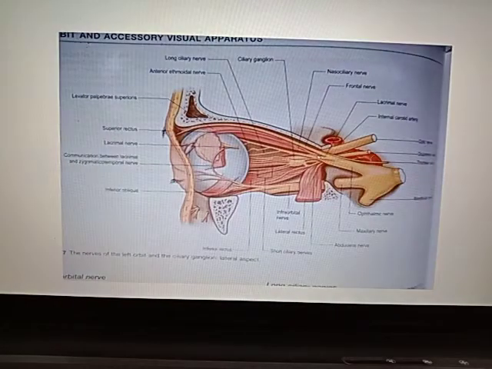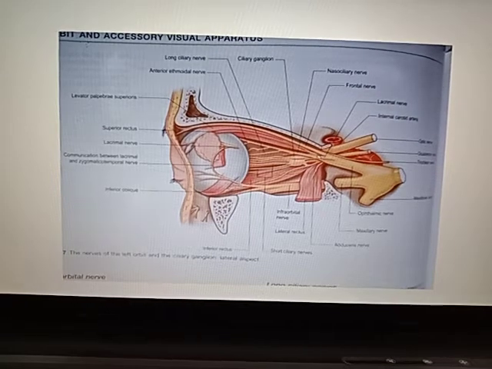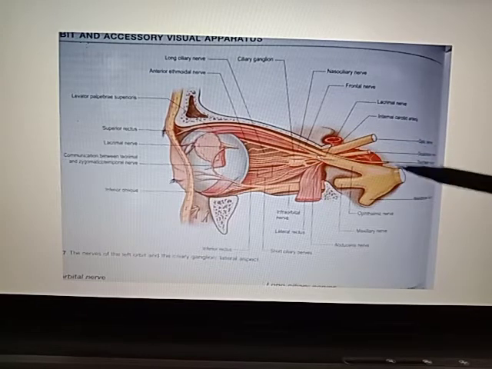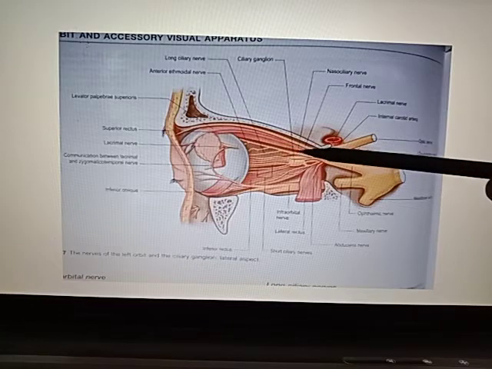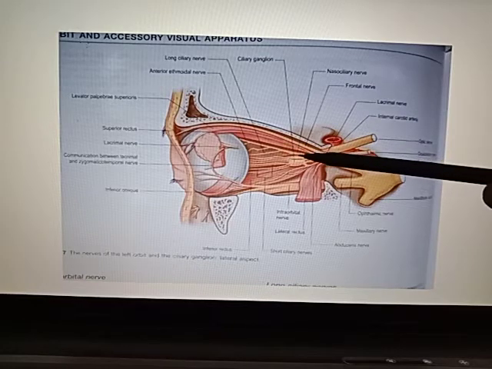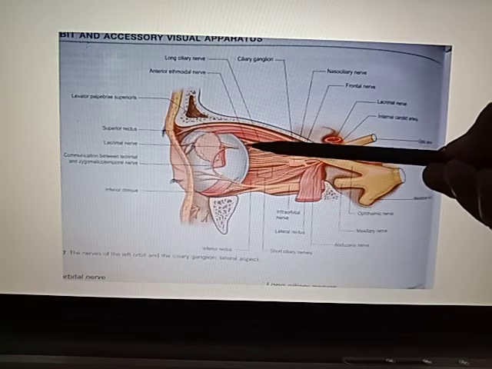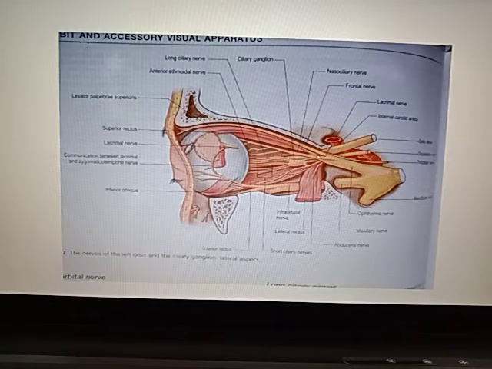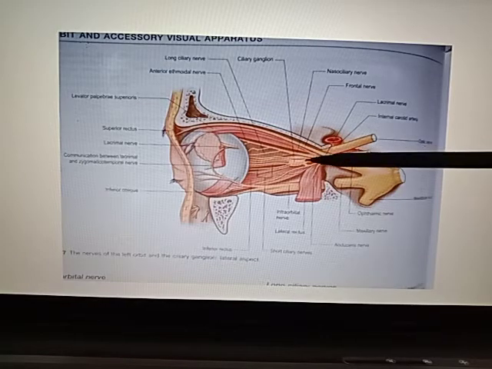Go to the next slide. This is the ciliary ganglion, and it suspends from this nasociliary nerve. This one is the nasociliary nerve, and these parts are its branches. It is the long ciliary nerve, and from the nasociliary nerve the ciliary ganglion hangs, but functionally it is related to the oculomotor nerve.